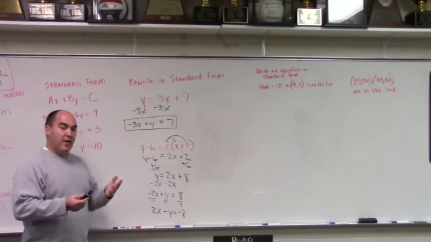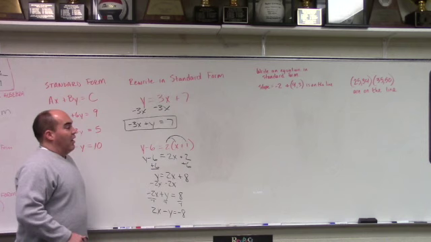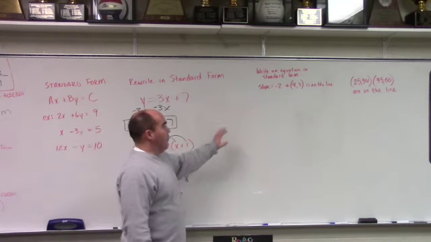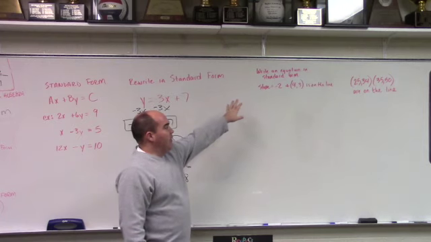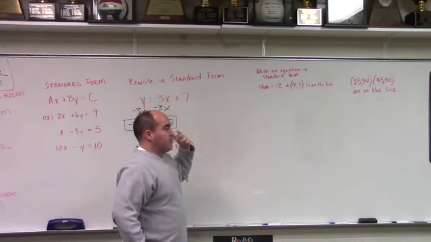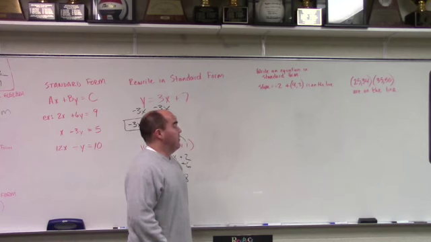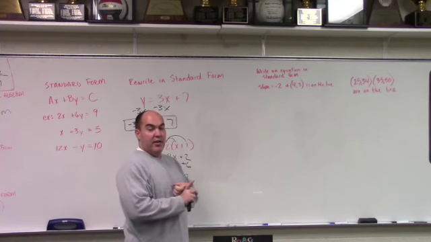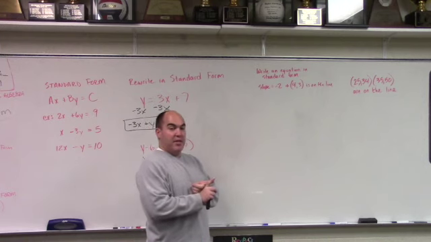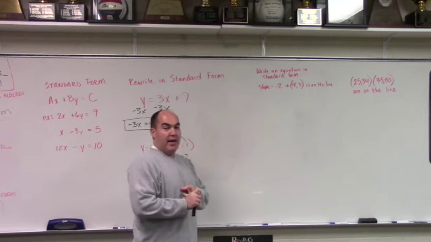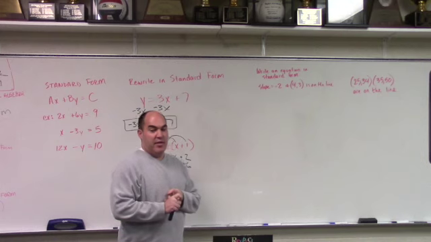They're both equivalent equations. Alright, so if I want to write the equation in standard form, if they give me a slope and they give me a point on the line, I have two choices. I can either write it in slope-intercept form and then turn it to standard form, or I can write it in point-slope form and turn it to standard form.